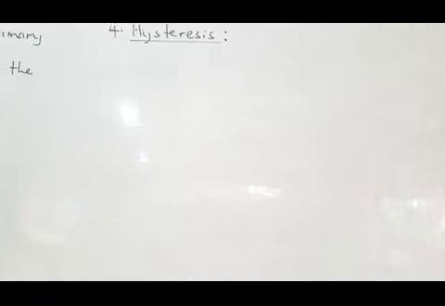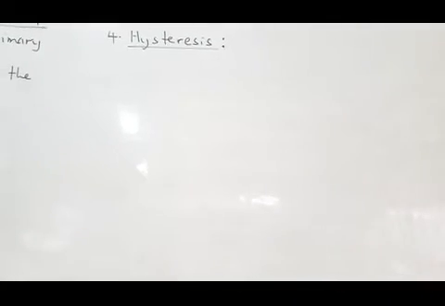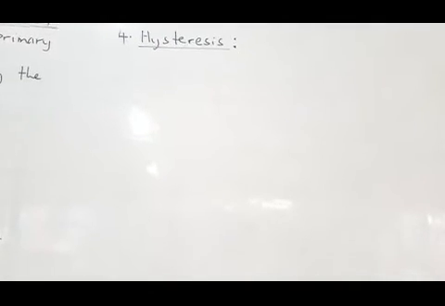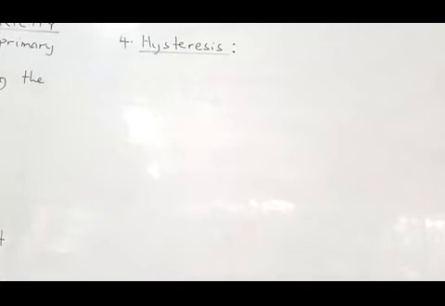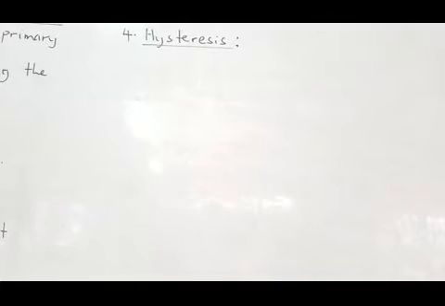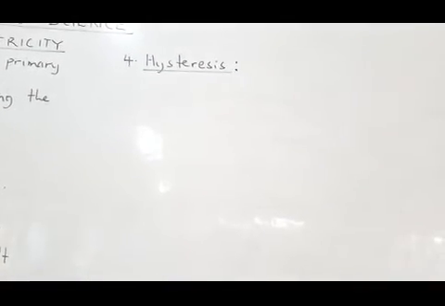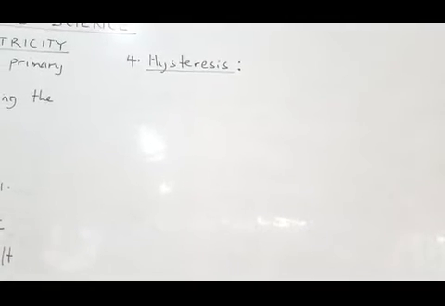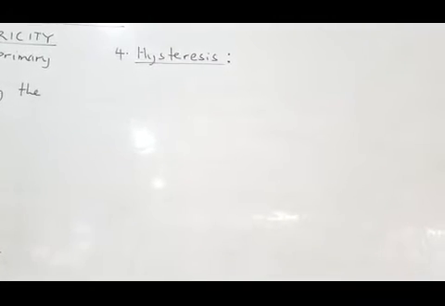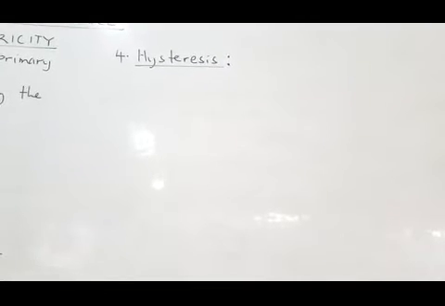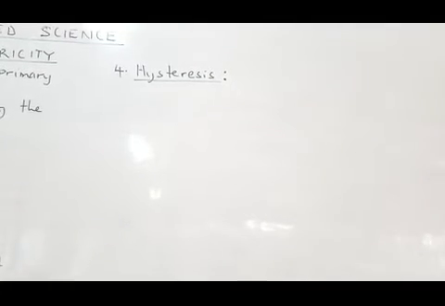Because the core is made of iron, which is also a magnetic substance, the magnetic field generated around the core induces magnetism in the iron core. So at a point, the iron core becomes magnetized, at another point, it becomes demagnetized. That process is what we call hysteresis. And during the magnetization and demagnetization of the iron core, it leads to energy losses in the transformer. So that is the fourth cause, hysteresis.